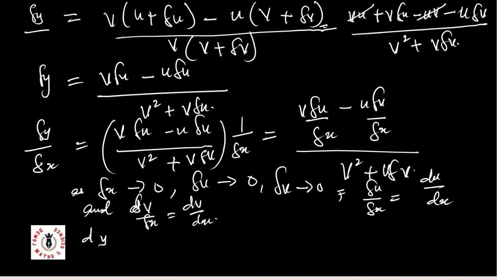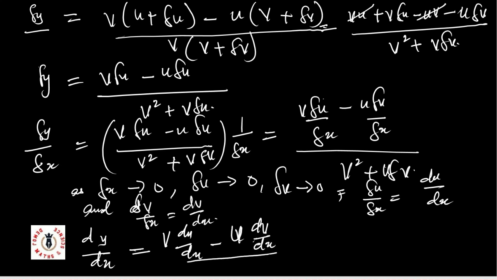Delta y over delta x becomes dy dx. In place of delta u over delta x, it becomes du dx, minus u dv dx, over v squared. Obviously, delta v becomes 0. So that gives us the quotient rule.